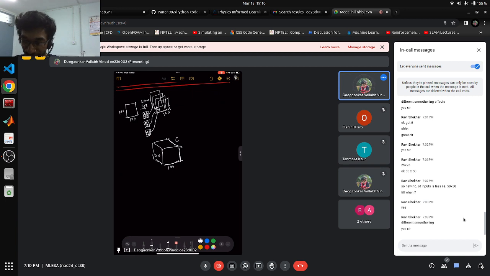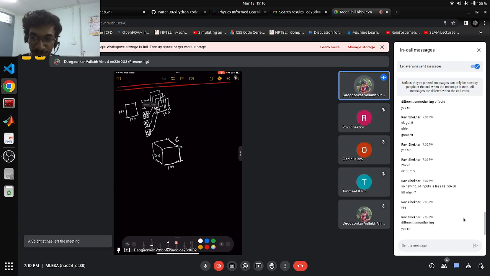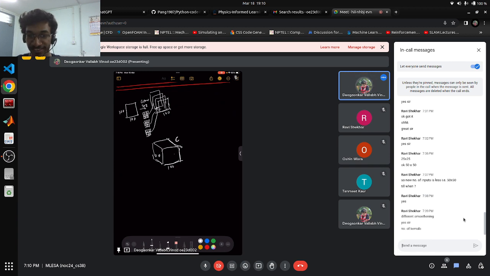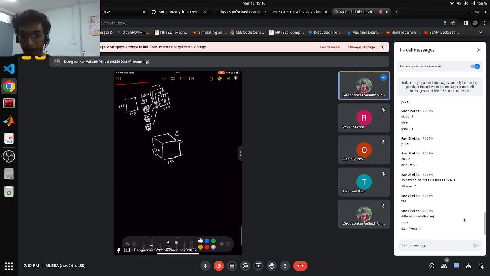So let's say I used C number of kernels. I'm going to get C number of these layers. That many number of 100 cross 100 things I'm going to get. Are you getting that?